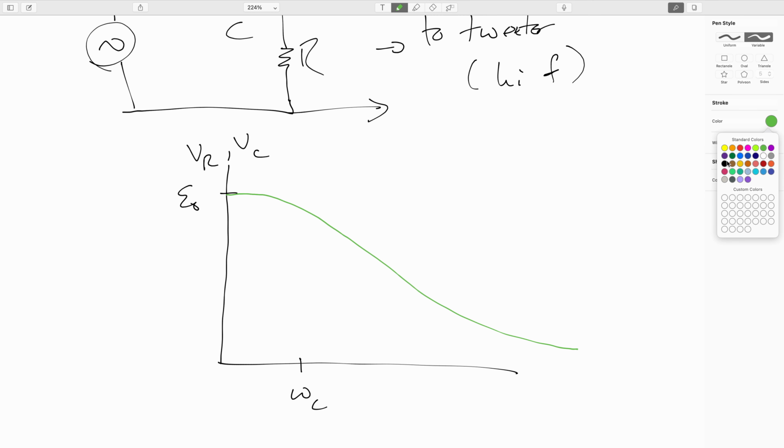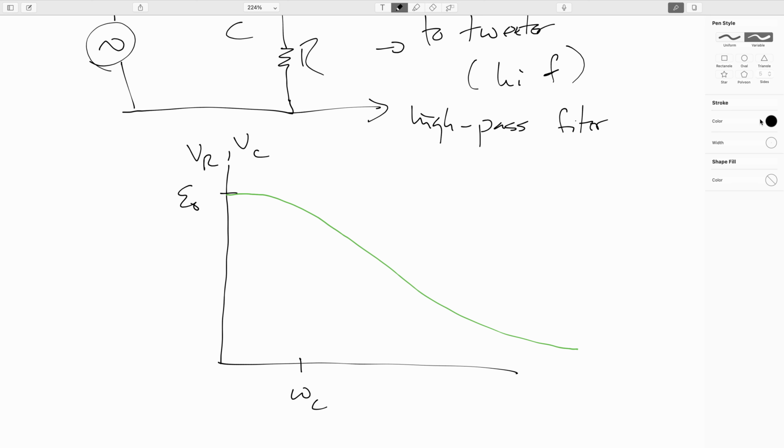And then our high-pass filter, which is what this is, will go up something like that, approaching the EMF. All right, and if I were a better artist, this point would have lined up, so I'm just going to draw in a dotted line. This is called the crossover frequency.